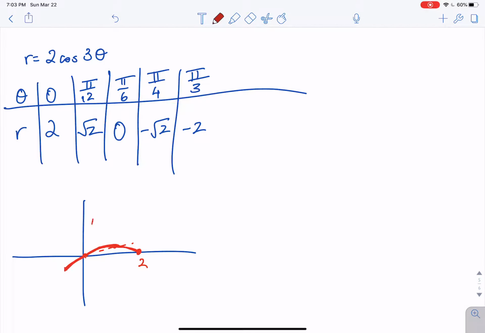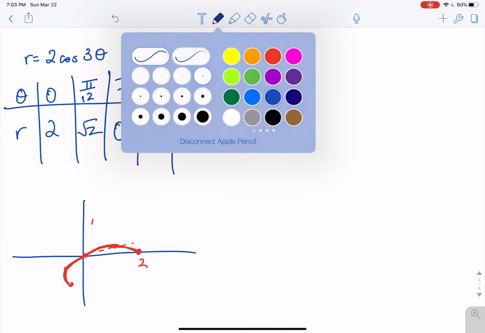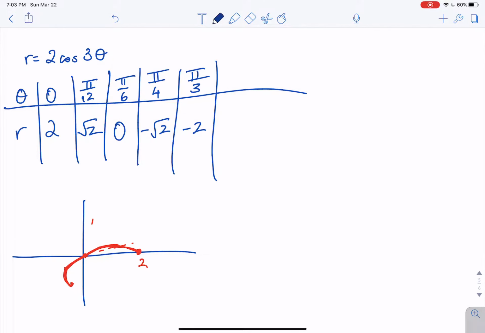So at pi over 3, we're at negative 2, which is down here. And then let's go to pi over 2, we're back at 0.